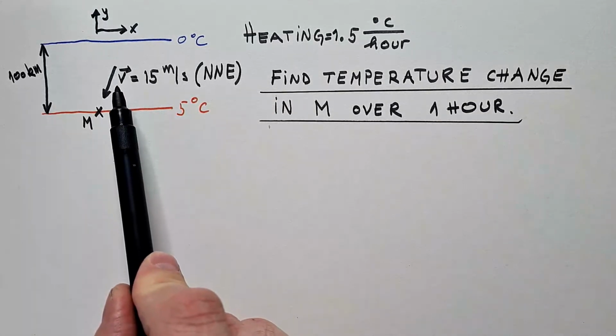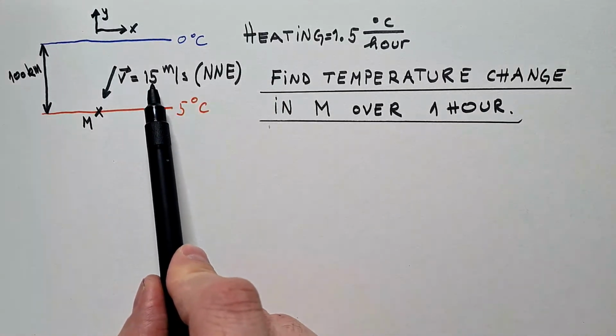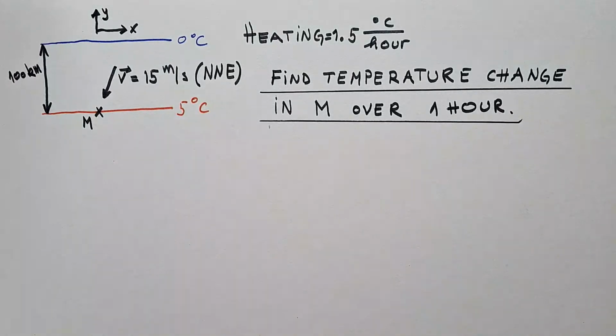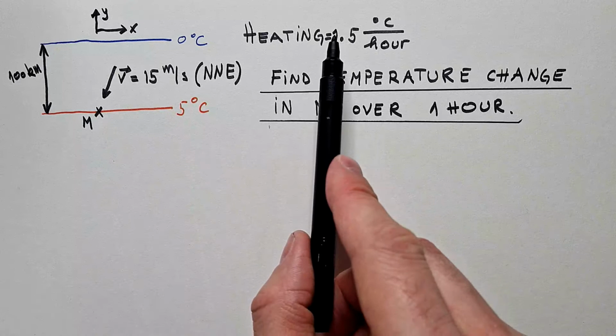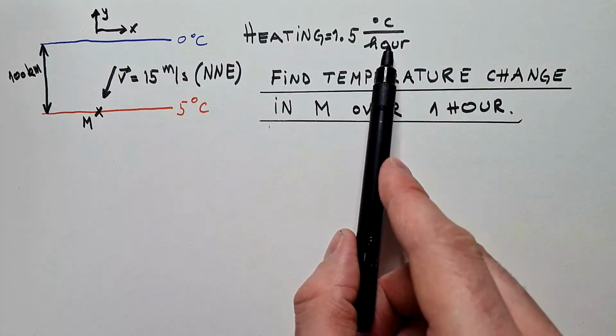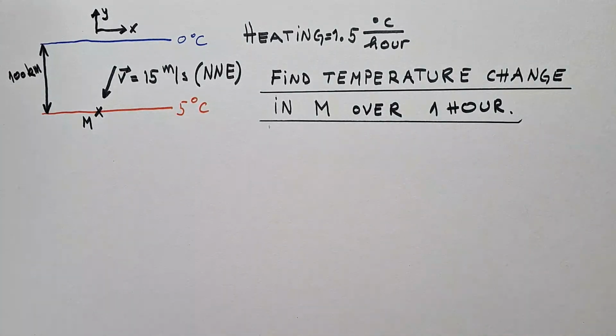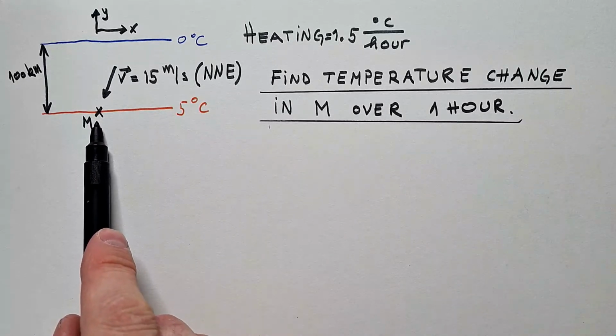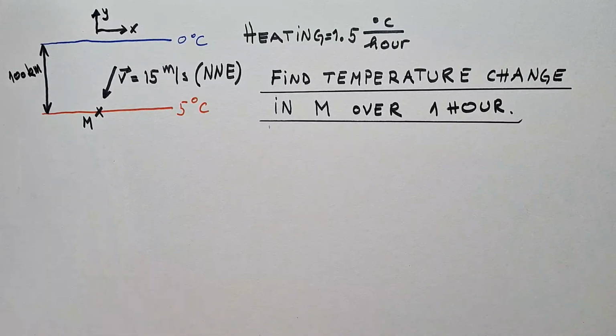We also see there is wind blowing at 15 meters per second from the north-northeast direction. In addition, we have heating of air at the rate of 1.5 degrees Celsius per hour. What will be the change in temperature in m over 1 hour?